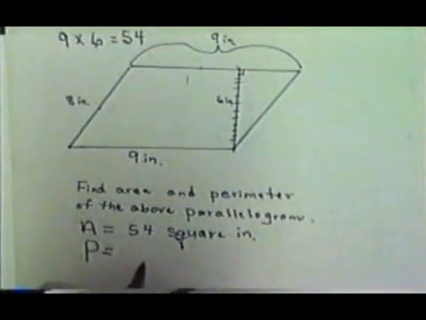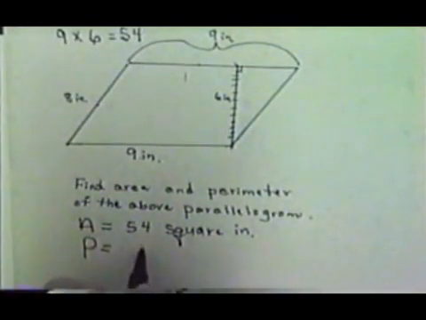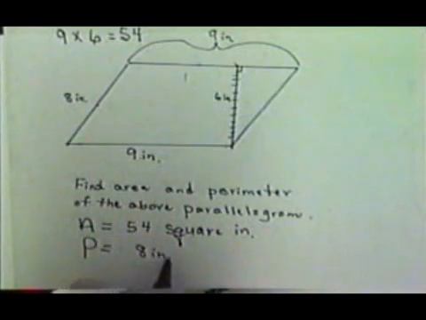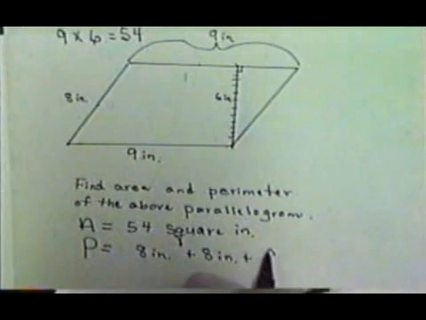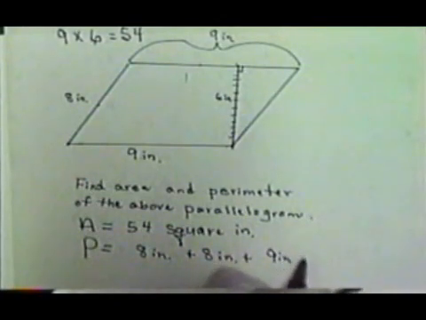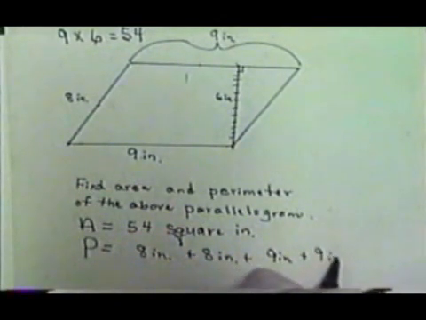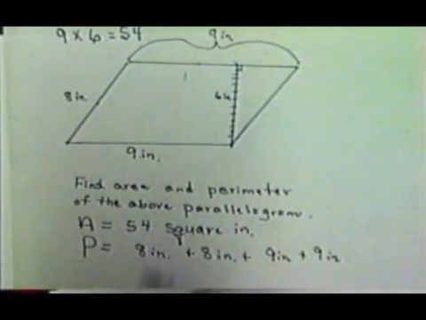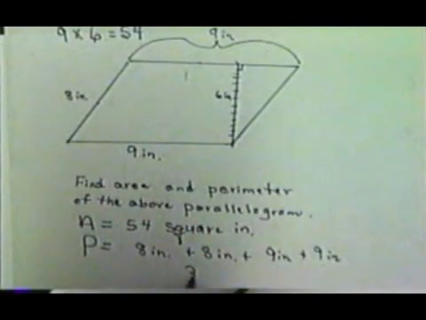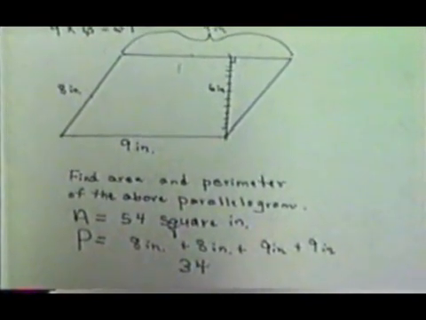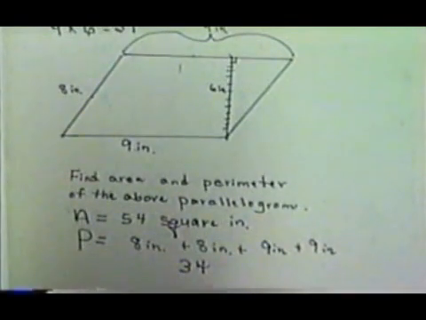So we have two sides that are 8 inches and two sides that are 9 inches. So if I add those together, 8 and 8 is 16, 16 and 9 is 25, and 25 and 9 is 34. So my perimeter would be 34.